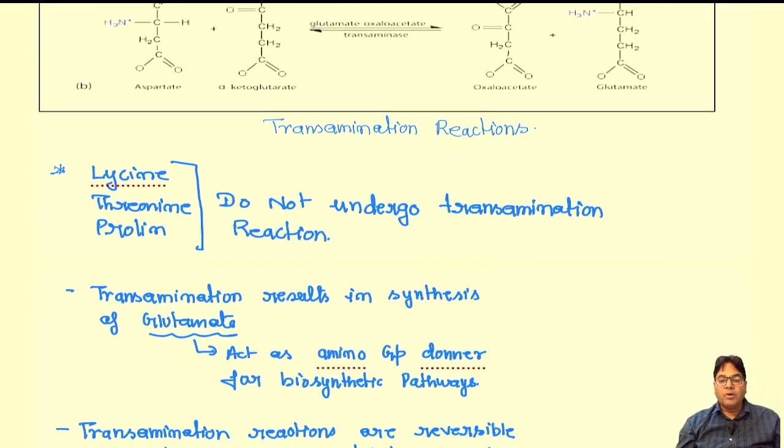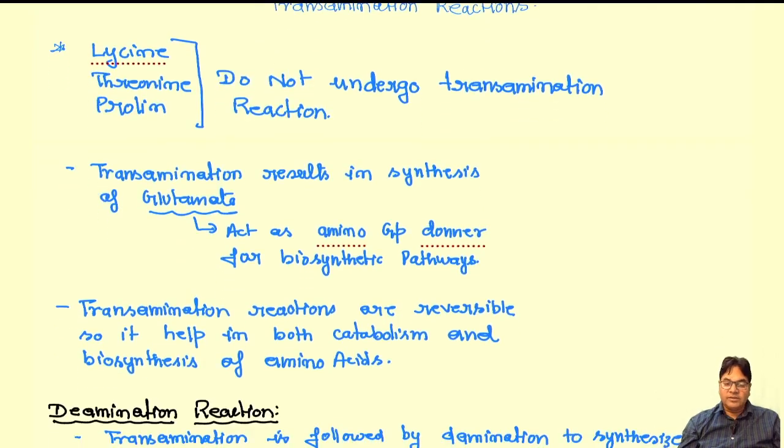Now it is very important to notice here that three of the amino acids, that is lysine, threonine, and proline, do not undergo transamination reaction because of their structural complexity. Now this transamination process results in synthesis of a most common amino acid, that is glutamate. This glutamate, which has the amino group, acts as an amino group donor, and then different biosynthetic pathways start from here.